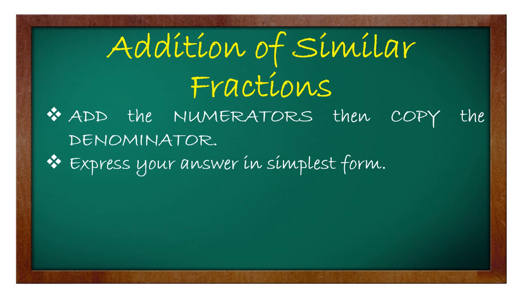natin yung simplest form. So, we just have A over B plus C over B. So, we just simply add the numerators. So, that's A plus C and then copy the denominator, which is B. Okay? So, for example, 1/9 plus 7/9. So, similar fractions kasi parehas ng denominator.